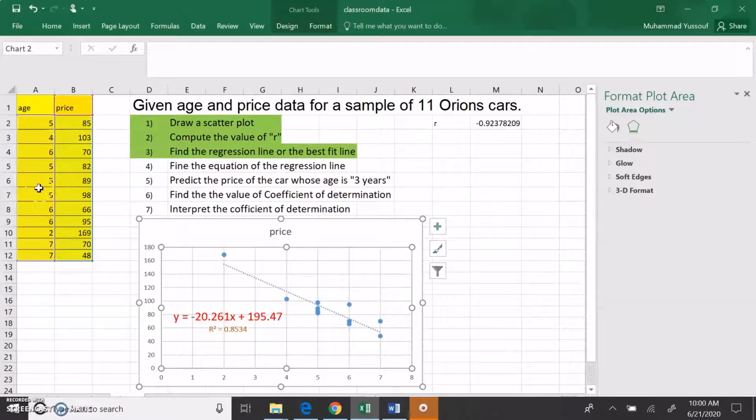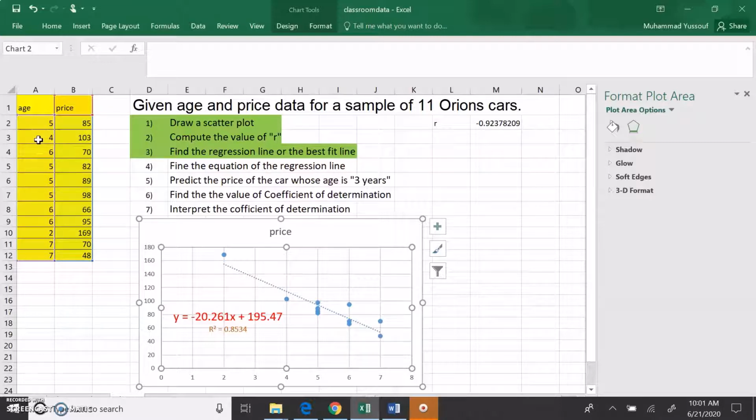You have the price of a 2-year-old car, a 4-year-old car, a 5-year-old car, a 6-year-old car, a 7-year-old car. But tell me, do you find the price of a 3-year-old car? The answer is no. You won't find any price whose age is 3 years old.